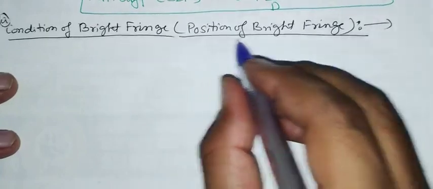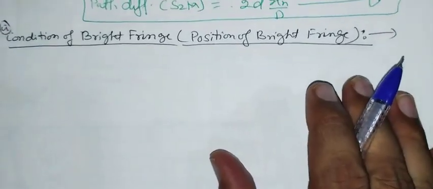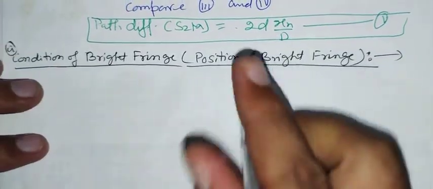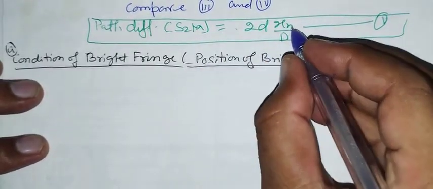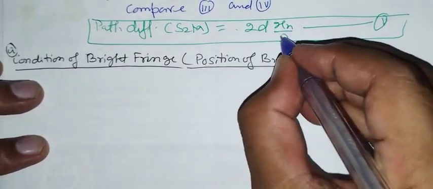Condition of bright fringe, or position of bright fringe. See, this is the equation: path difference is 2d xn by capital D.